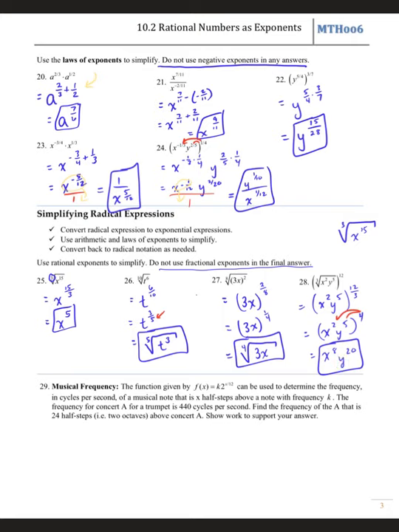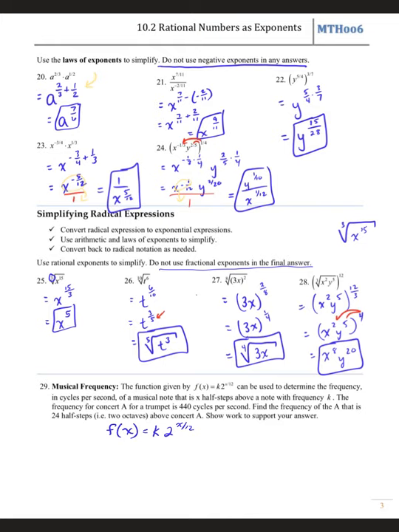Now, looking at this last one, we have a word problem here. It tells us that musical frequency, the function given by f of x equals k times 2 to the x over 12 power, can be used to determine the frequency in cycles per second of a musical note that is x half steps above a note with frequency k.